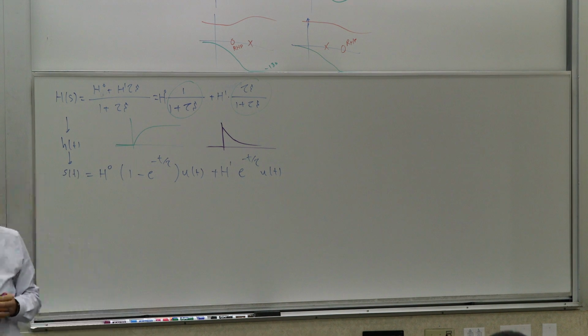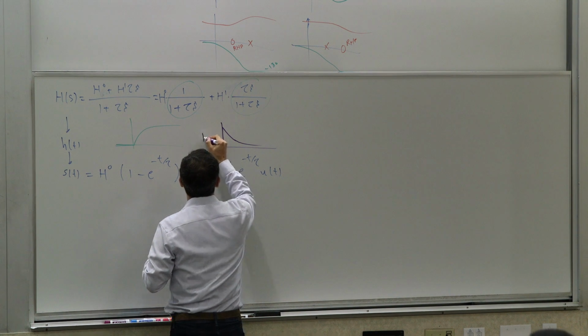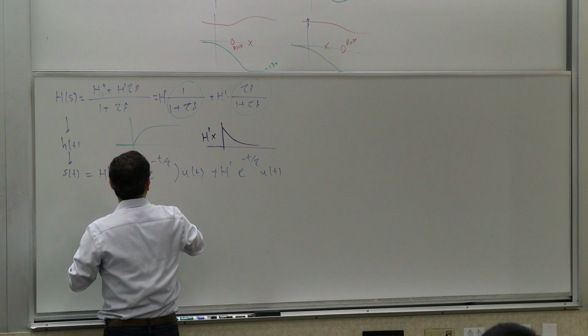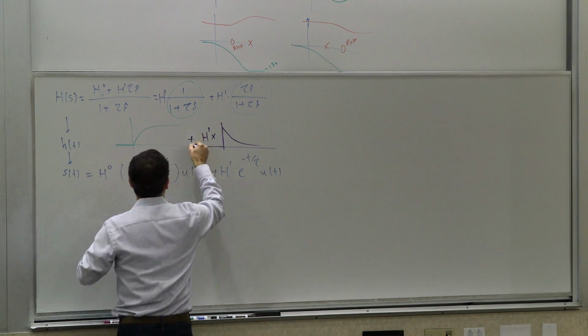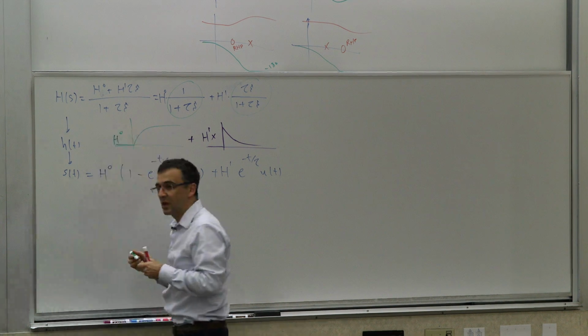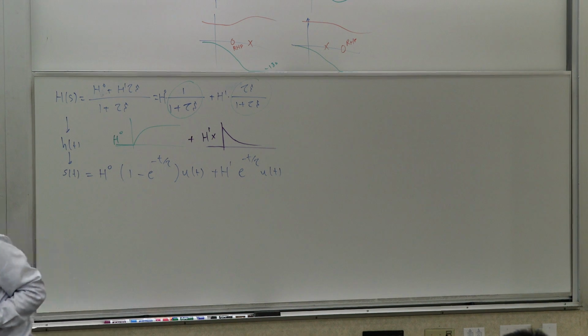So you're weighting these two, you have a weighted sum: h1 times this, and h0 times that. That tells you about even the time domain response of the system.